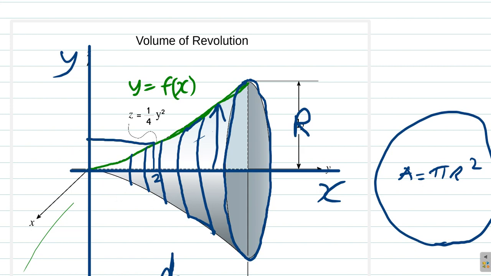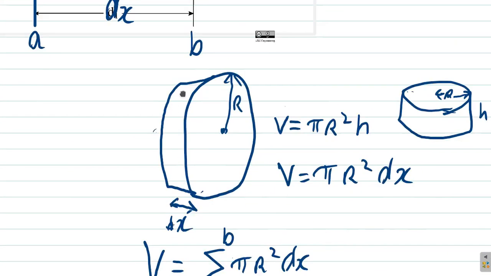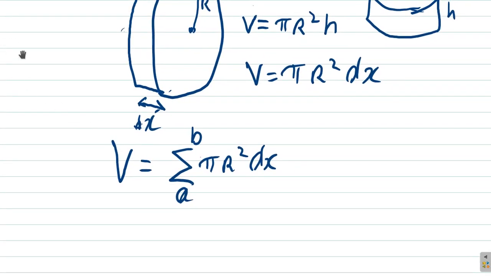So, that radius is the same as y for any particular value of x. So we can change this r squared to y squared. So let's erase that and put y squared dx.